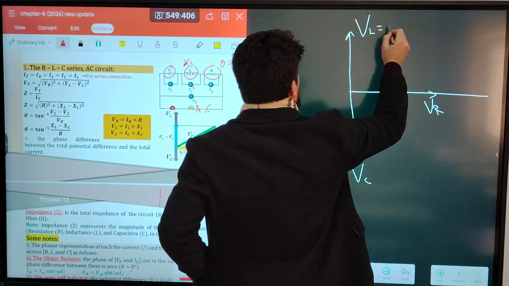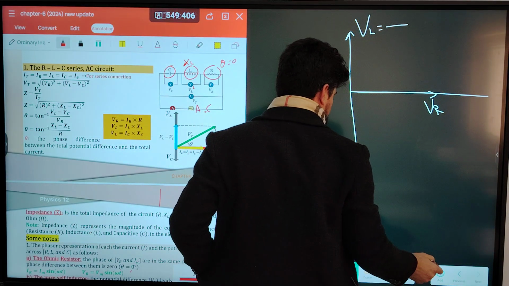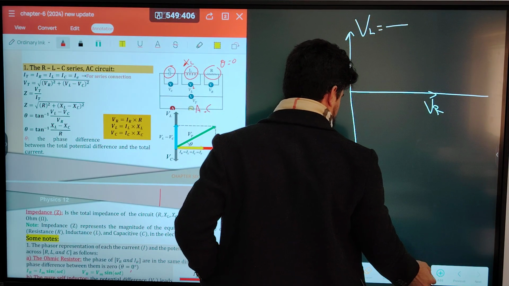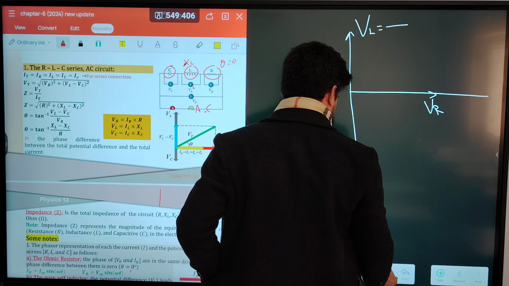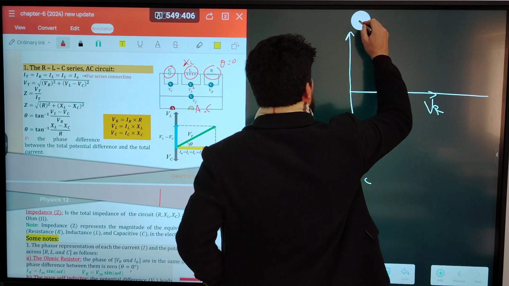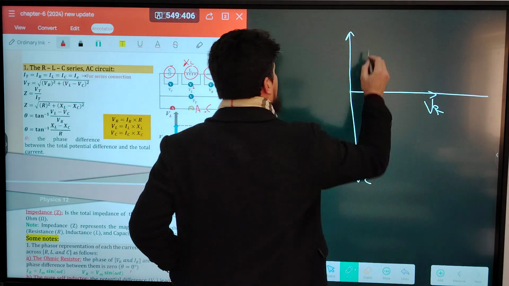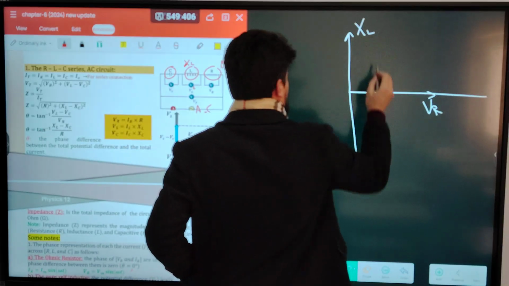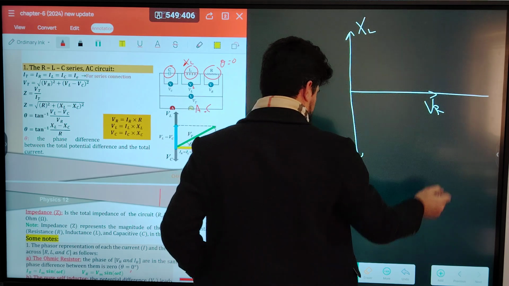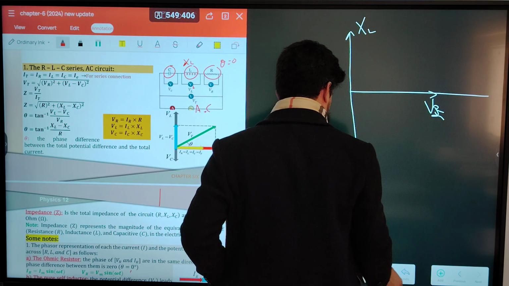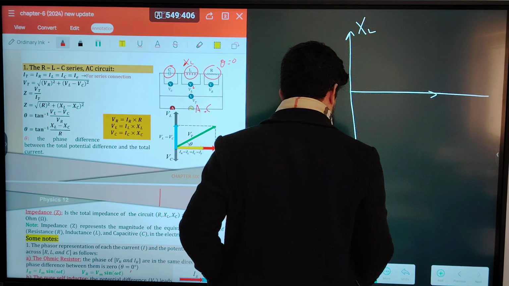Guys, VL is equal to what? Is equal to I XL. Instead we have XL here, and we have XC, and we have resistance.